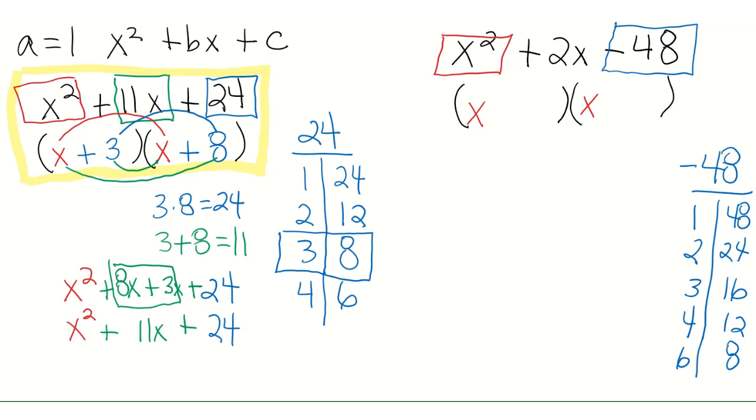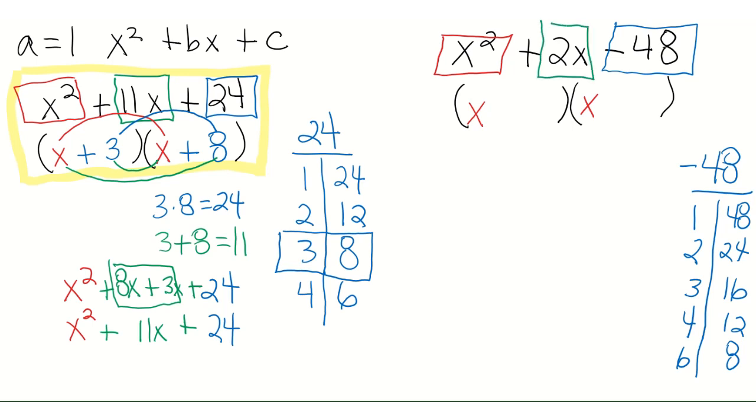Now I'm looking for two factors here that when I multiply them together, I already know that when I multiply any of these pairs together, it's going to give me a 48. And I want to know which of these, when I add them together, are going to give me a 2.